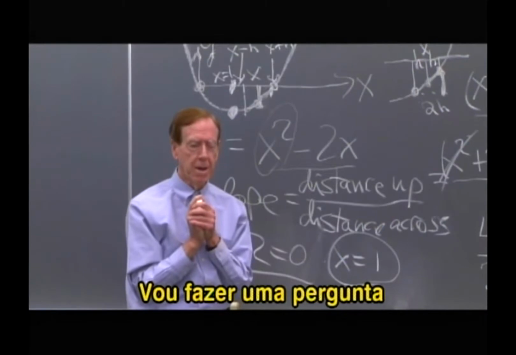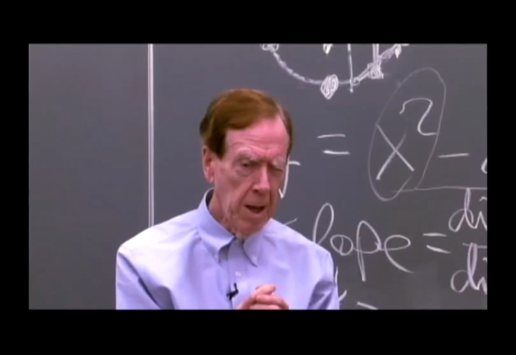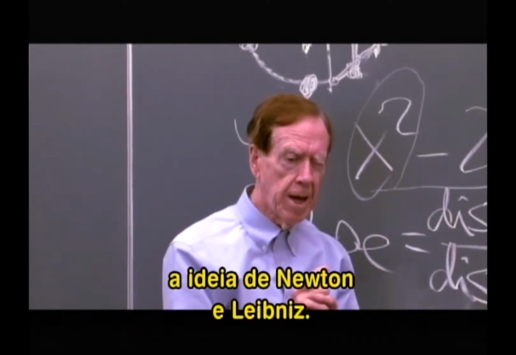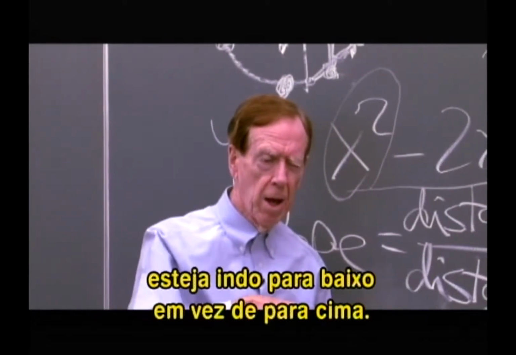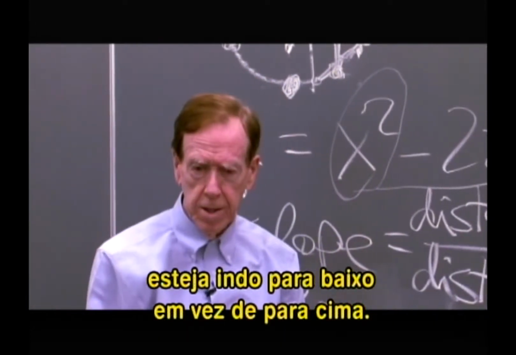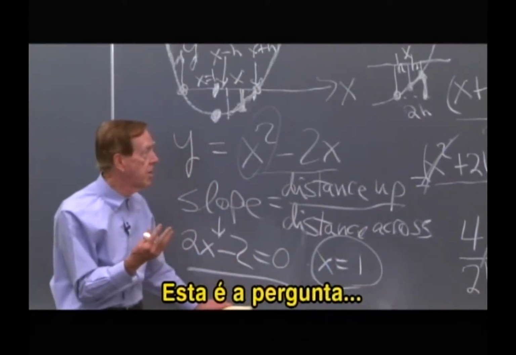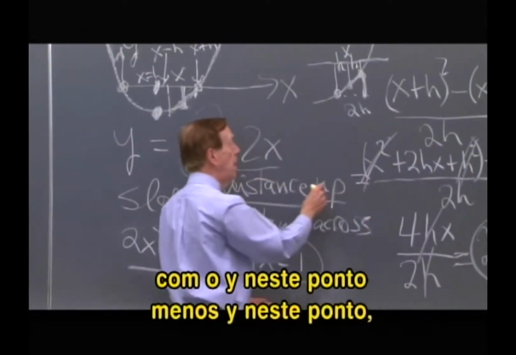Let me give you a question during the break to answer. Give you a chance to use this idea, the Newton-Leibniz idea. Suppose my graph, my quadratic, was going downwards instead of upwards. Let me give you an example. So here's a question for you. Look at that process that we did.